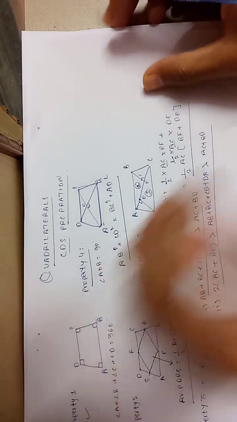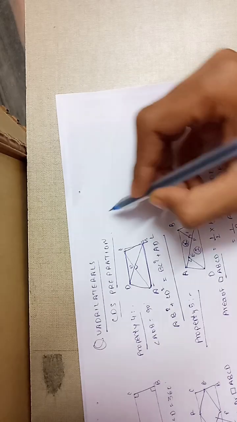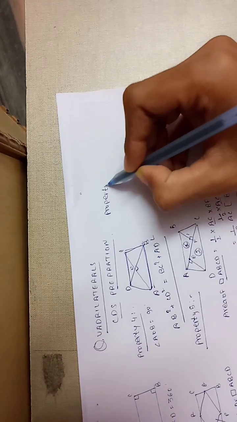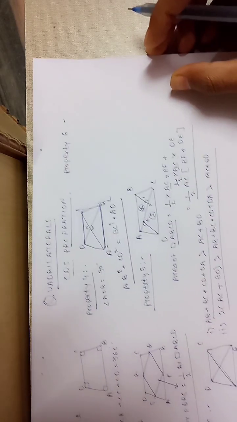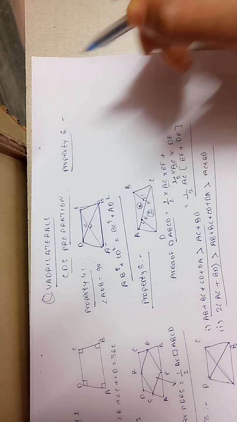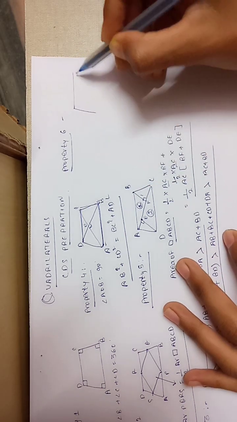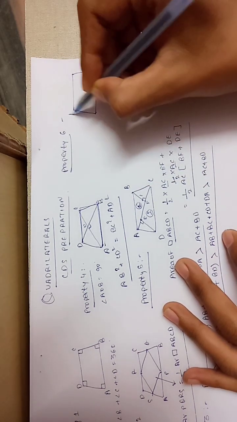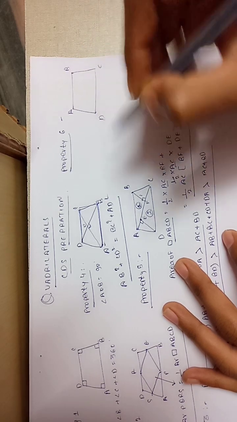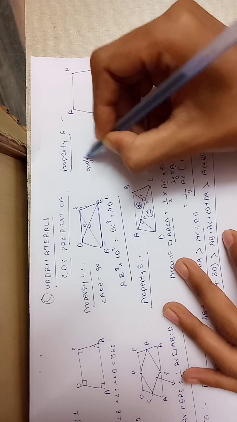Now we will come to property number 6. What is property number 6? We will draw a quadrilateral and name it ABCD. This is about the angle bisector, very important.